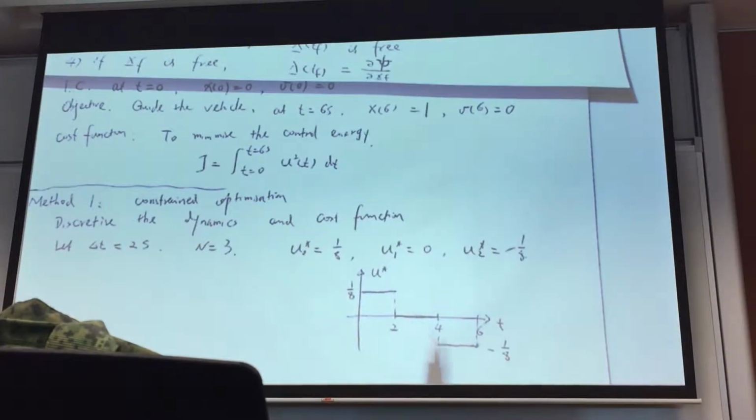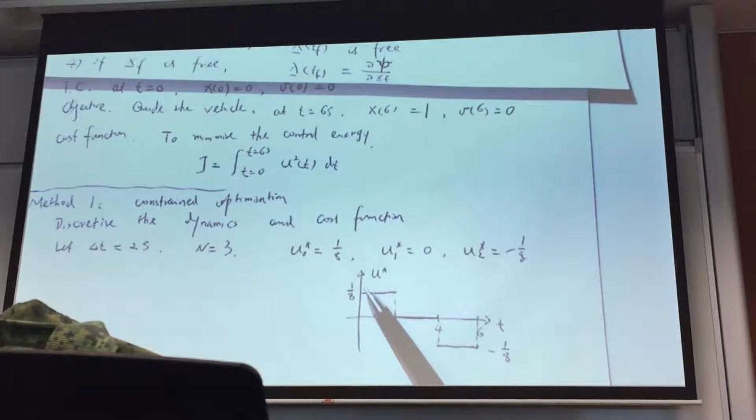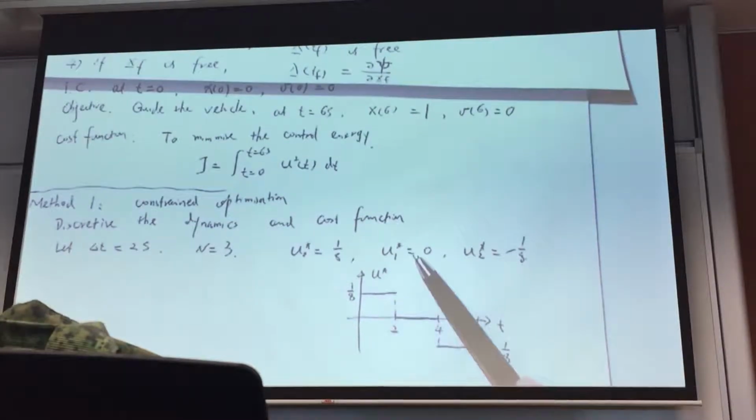The physical explanation of the result is that the first part is the acceleration, for k equal to 0, or the time from 0 to 2. You apply the constant force, and that constant force accelerates the vehicle. The second stage is to maintain the velocity.